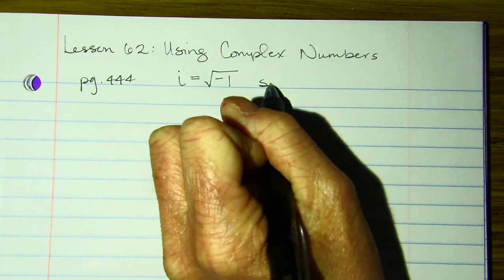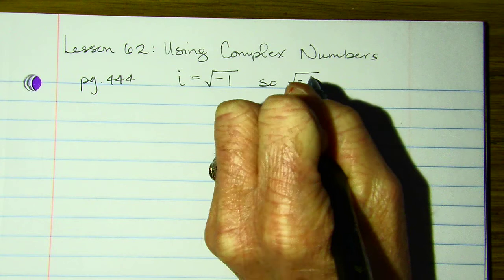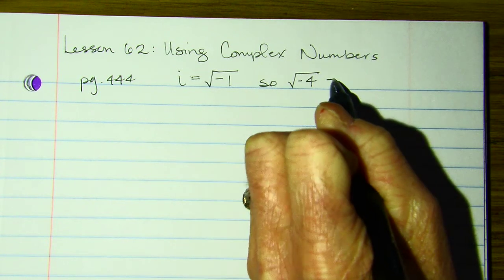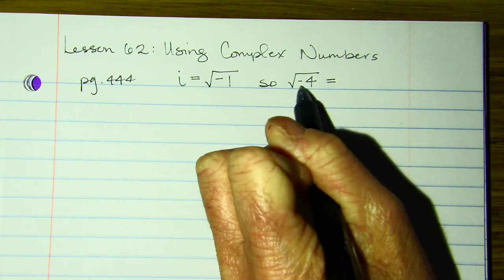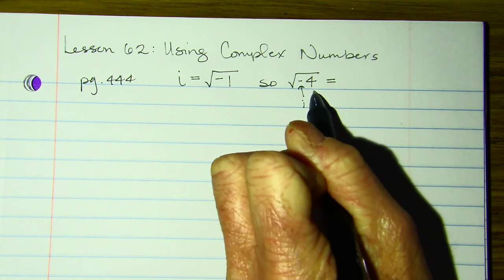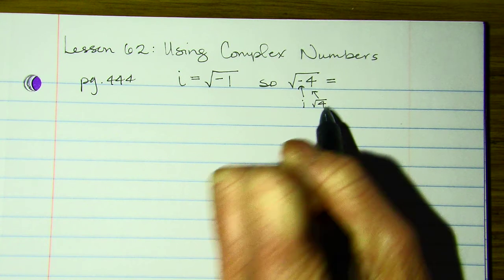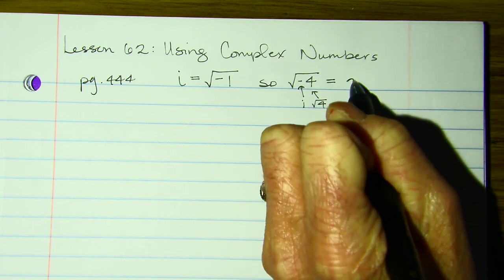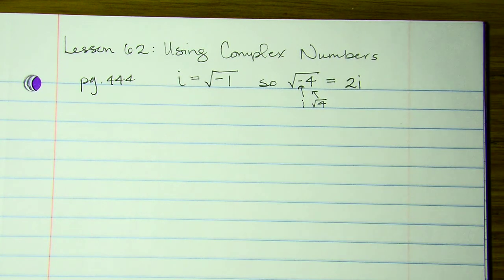So the square root of -4 would equal: the negative is i, and the square root of 4 is 2. So I get 2i. The negative comes out and becomes i, and the square root of 4 is 2.